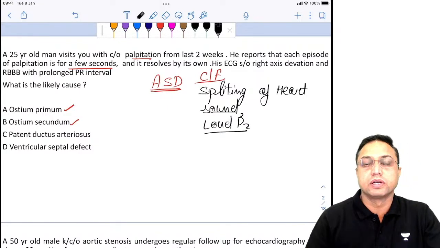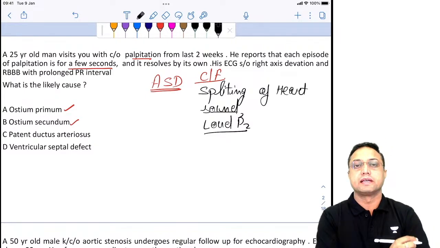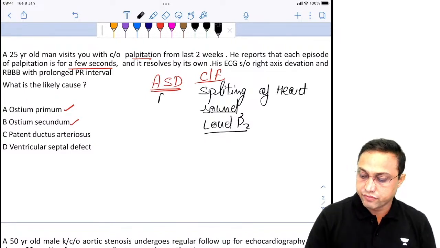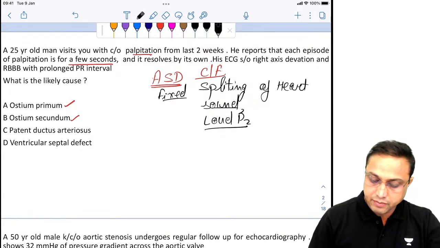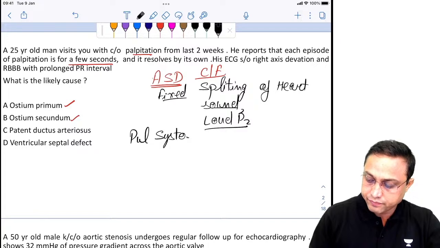I'm just revising quickly the characteristic features of the ASD. So there is a fixed splitting of the heart sound, a loud P2, right? And there can be a pulmonary systolic flow murmur.